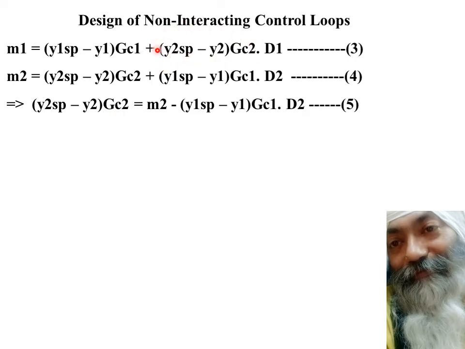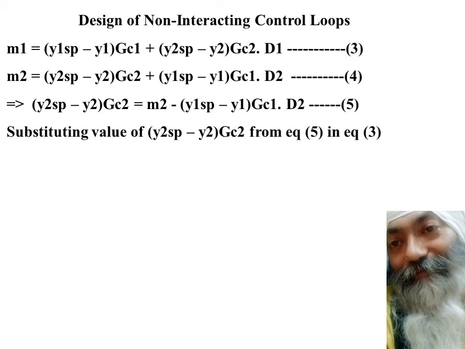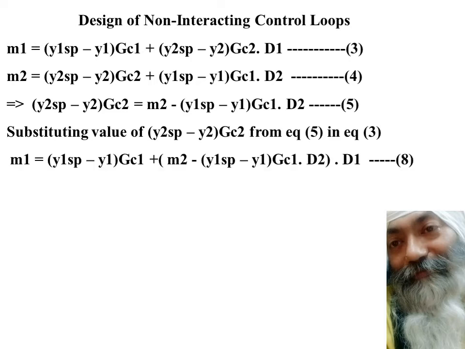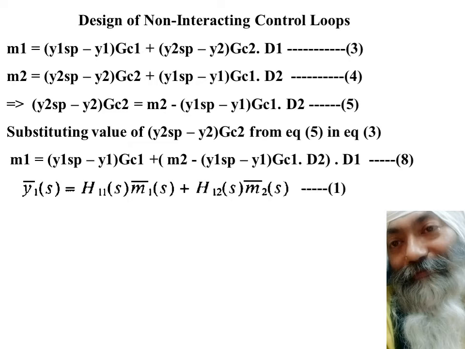That is why I have calculated this value of y2sp minus y2 into gc2, and substituting this value from equation number 5 into equation number 3, I get the value of m1 as given in the next equation. And this equation of m1, I'm going to make use of as given in equation number 1.